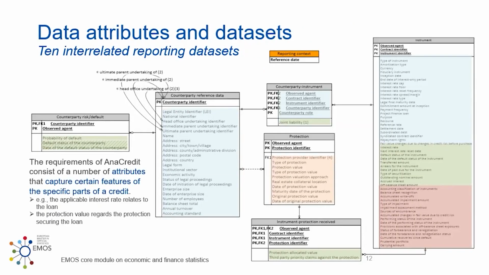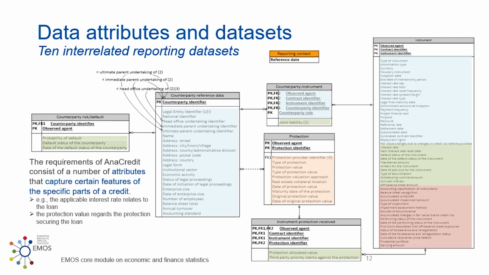Let me also briefly say a few words about the datasets and data attributes. The AnaCredit requirements are set out based on the abstract model, which at any given moment in time represents a running credit extended based on the loan agreement. Notably, the three pillars of a credit differ with regard to the data that need to be reported. In fact, the requirements of AnaCredit consist of around 90 data attributes that capture the selected features of the specific parts of a credit.